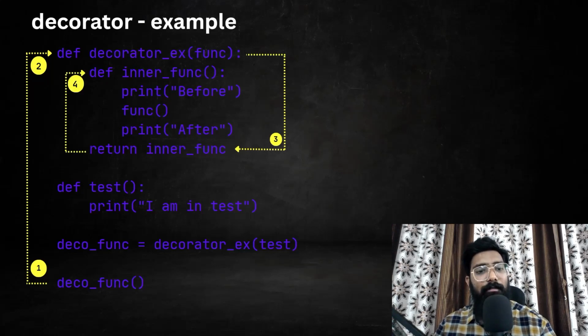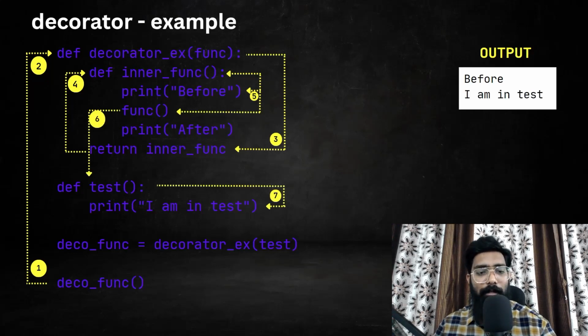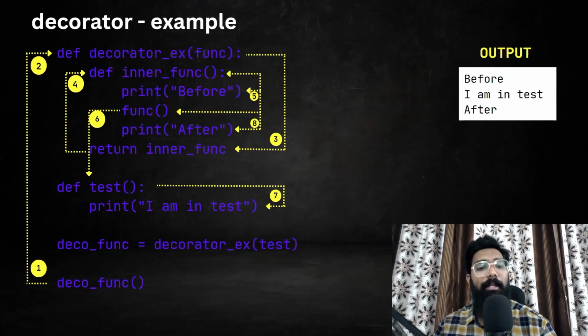Then it will print the before message. Then it will go to func. Right now we know that func is equivalent to test. So test is going to get called, and then we can see the "I am in a test" message. And lastly we will see "after". So guys, this is one way of implementing a decorator.